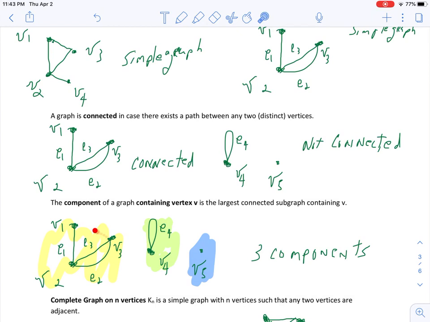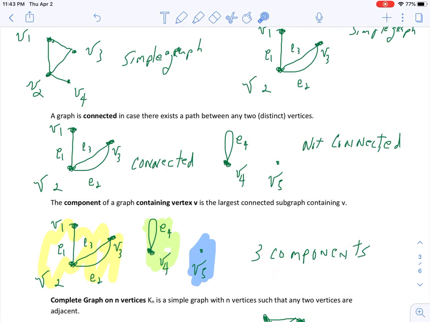By the way, it's also the component containing vertex V3. And then if I look at this piece here, that's another component. That's the component containing V4. And this is the component containing V5. So the point is, if I look at this entire graph as one graph, it's easy to see I have 1, 2, 3 components.